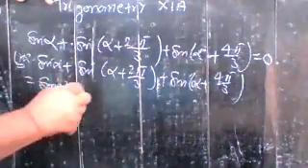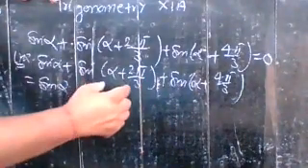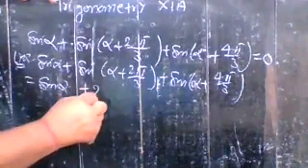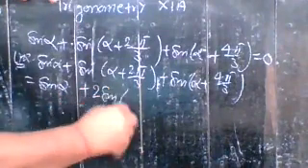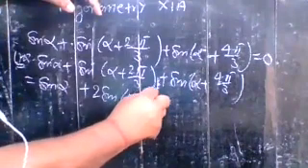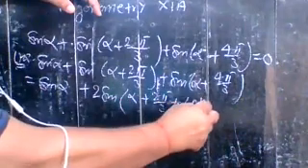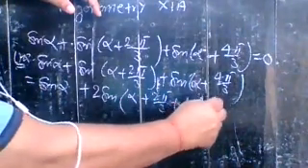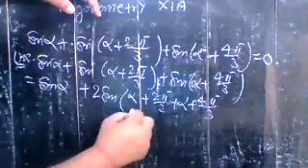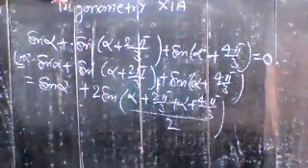Here the identity of sine x plus sine y is 2 sine x plus y by 2 cos x minus y by 2. So write alpha plus 2 pi by 3 plus alpha plus 4 pi by 3, whole upon 2, in sine.